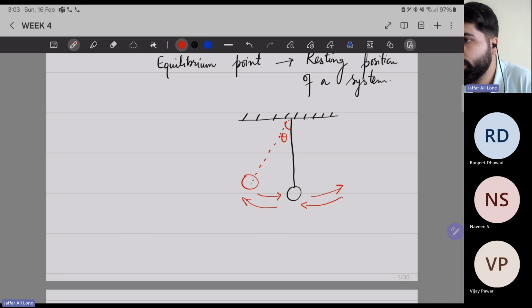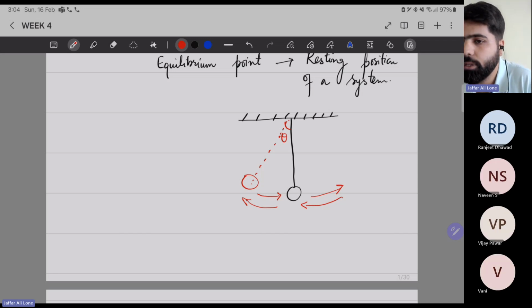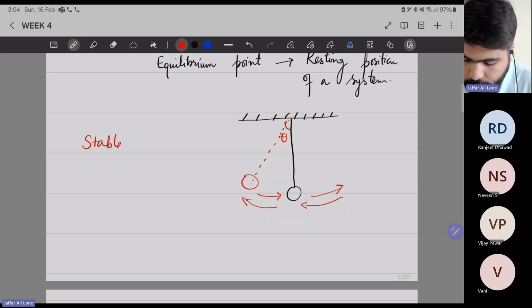So then that's neither stable nor unstable. In that case, we say it's at the verge of instability or at the verge of stability. In that case, we call the system marginally stable. So you have something called stable systems and something called marginally stable systems.